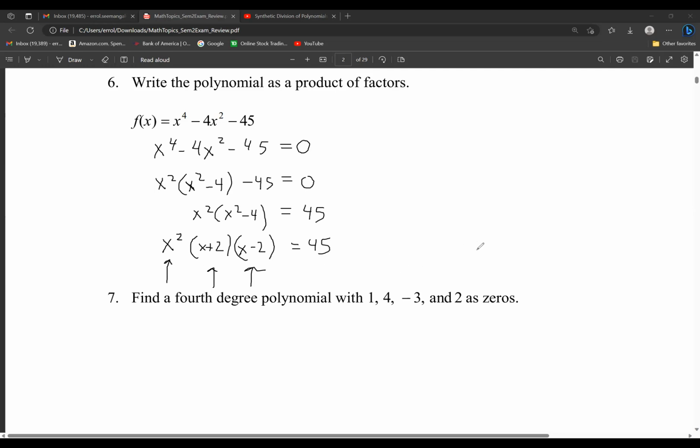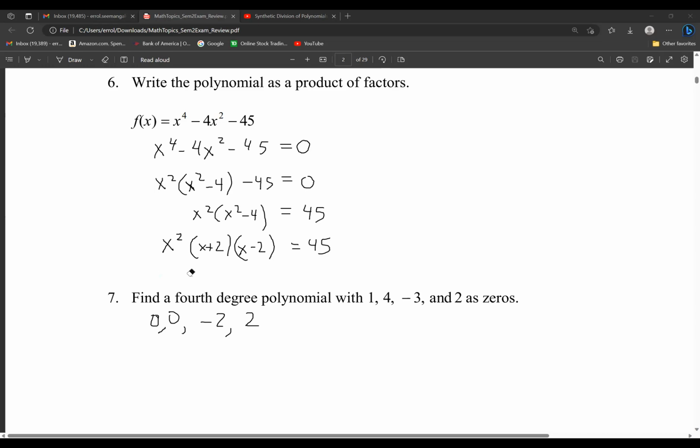Basically solve that for... Is it positive 2? Yeah, this one is +2, this one's -2, and this one is 0 twice. So those are your 4 factors right there, or your 4 zeros: 0, 0, -2, +2.